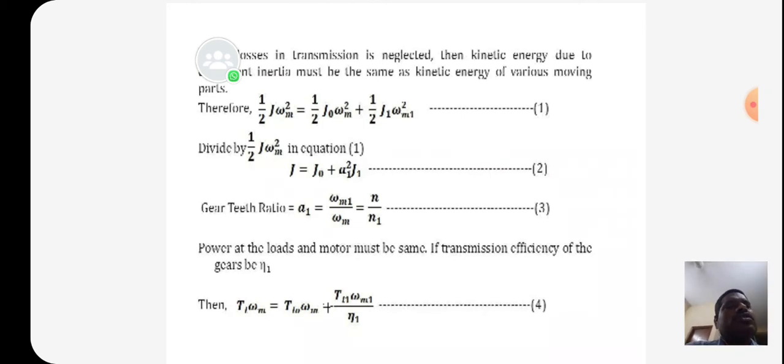That equation gives the equivalent equation of load torque. It is also written as TL is equal to TL0 plus a1 TL1 upon eta 1 plus a2 TL2 upon eta 2 plus up to am TLm upon eta m.